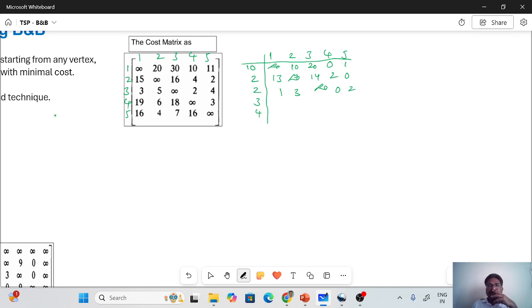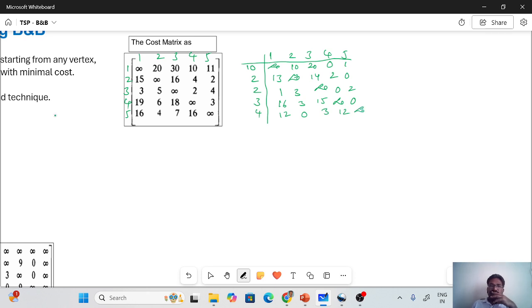For the fourth row, the minimum value is 3. 19 minus 3, 16. 6 minus 3, 3. 18 minus 3, 15. 3 minus 3, 0. And for the last row, the minimum is 4. 16 minus 4, 12. 4 minus 4, 0. 7 minus 4, 3. 16 minus 4, once again 12, and infinity.